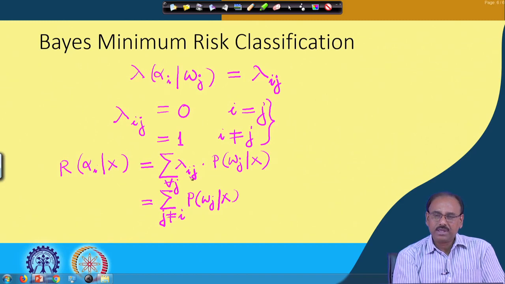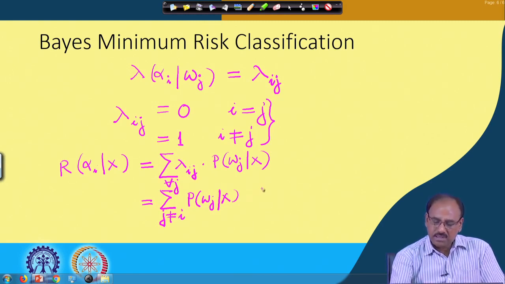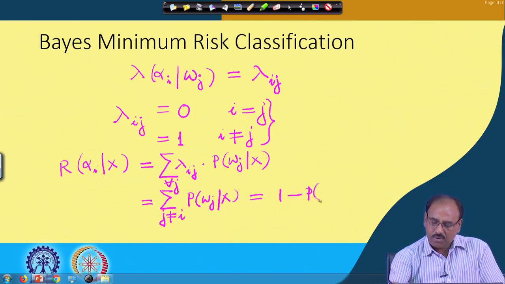So, I have to take this summation over all j where j is not equal to i. For all of them, lambda i j is 1, and this is nothing but 1 minus p of omega i given x.